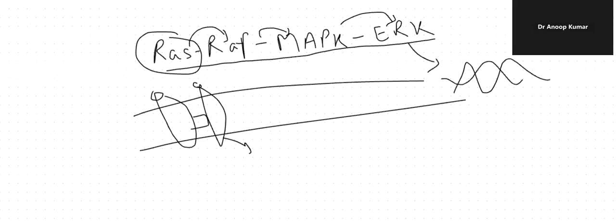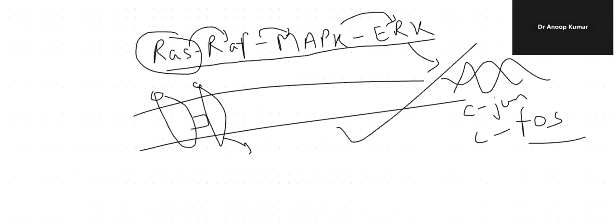So genes like c-Jun and c-FOS are going to be activated. c-FOS helps in protein synthesis, cell differentiation, and cell growth. So this is another mechanism when we talk about hypertrophy, or hyperplasia as well, right?